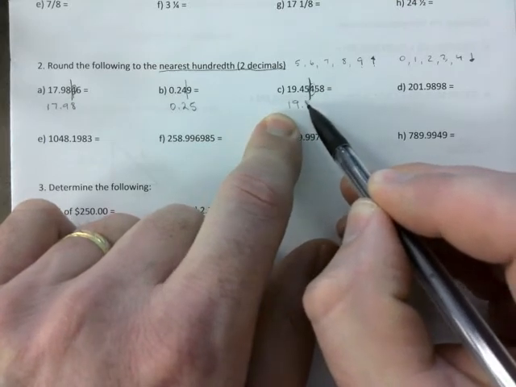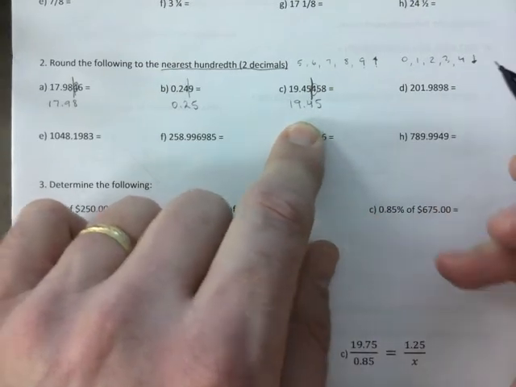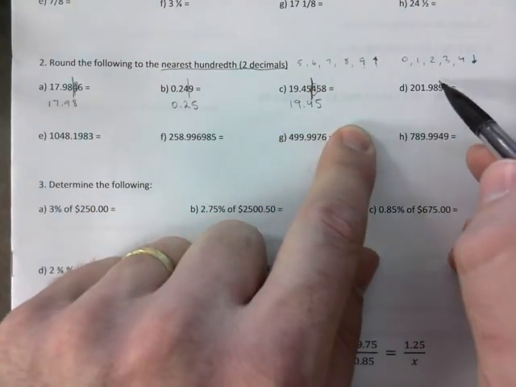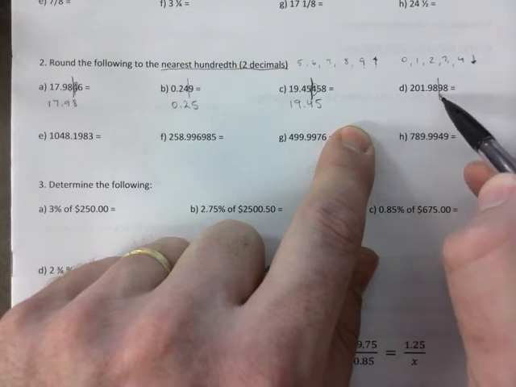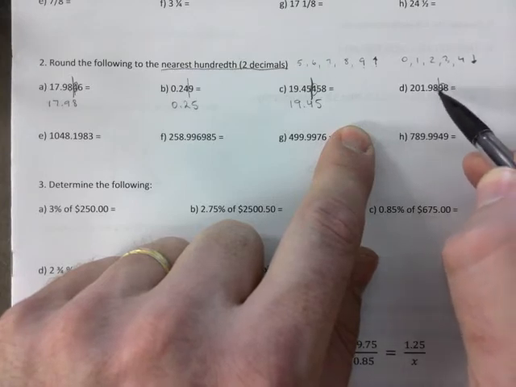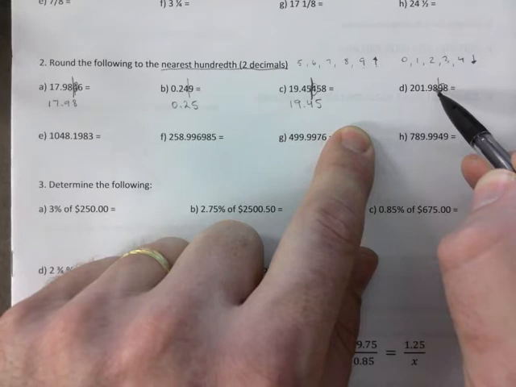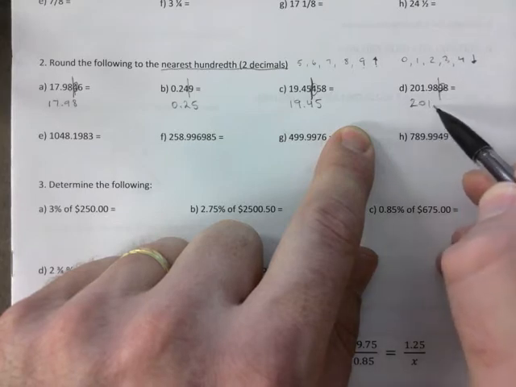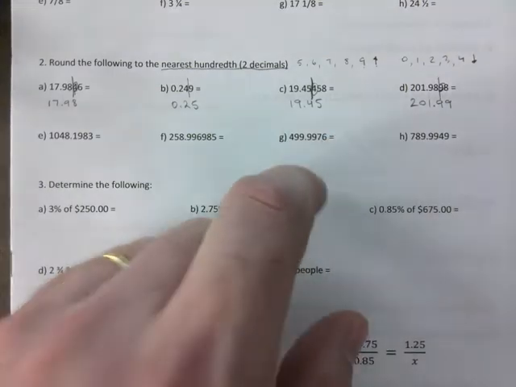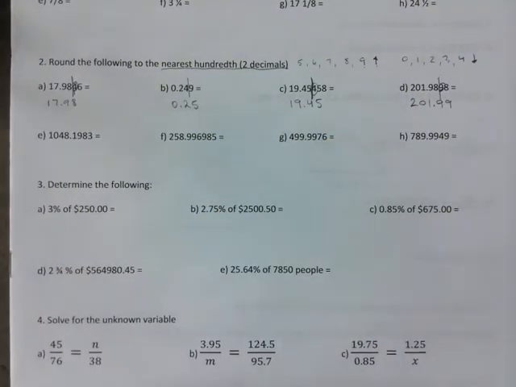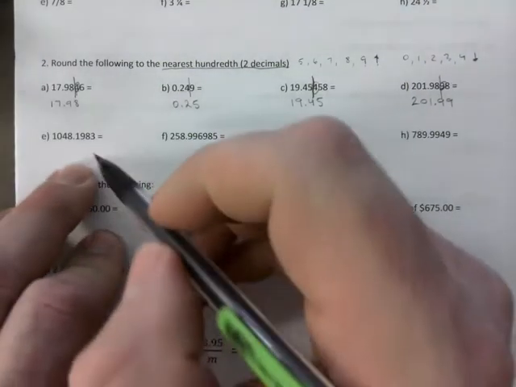So we actually just say 19.45. Again here, this will get tricky, right? That 9 will bump the next number to 9 in this case. So 201.99 and so forth. And it gets a little trickier as we go along.